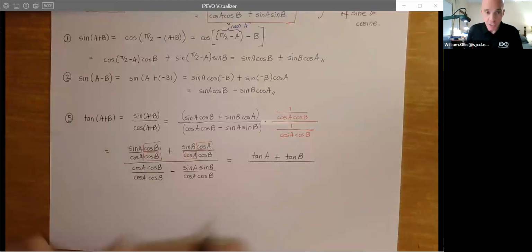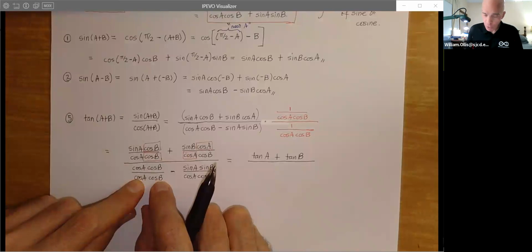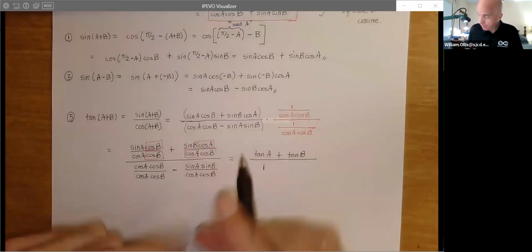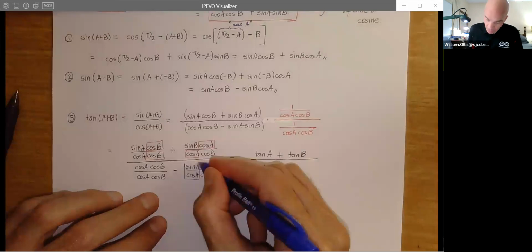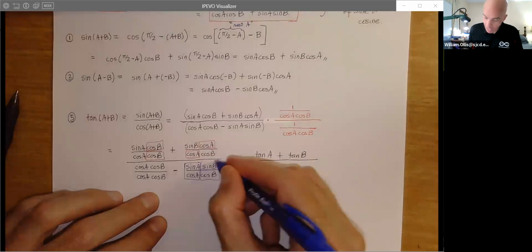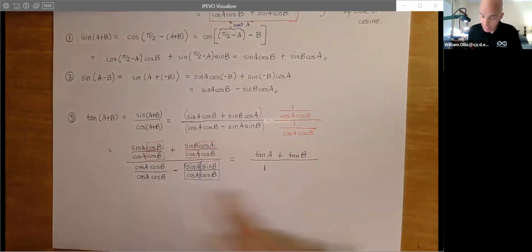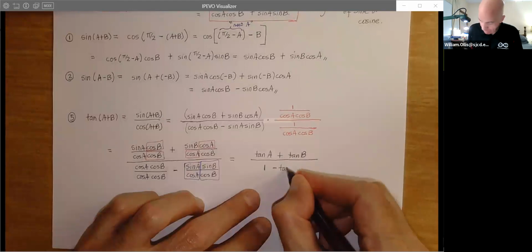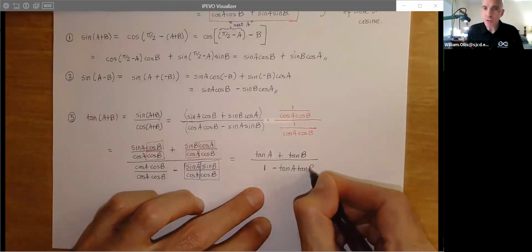And now, of course, this is just one because we're dividing by the same thing, numerator divided by denominator. So that's a one. And then, of course, here we have tan A and we have tan B. I'm just highlighting the fact that they give us the product of tan A and tan B.